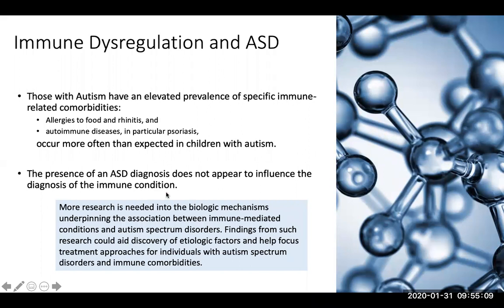But having autism doesn't appear to predispose children to lupus or rheumatoid arthritis or other immune conditions. But people suspect that there are biological mechanisms between immune-mediated conditions and autism that we don't know enough about. But it's something that people talk about.